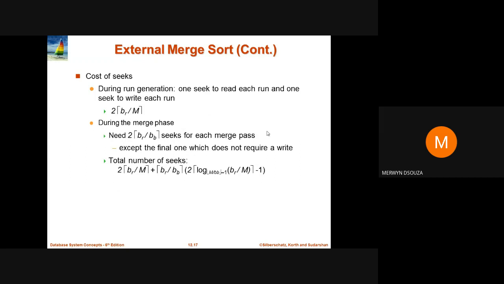Therefore, the total number of seeks required is 2 br divided by m plus br divided by bb times (2 log base m divided by bb minus 1 of br divided by m, minus 1).